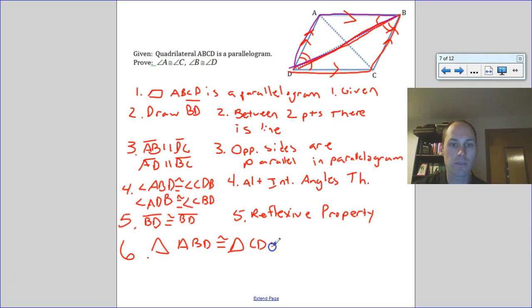Make sure I get the corresponding angles correct. Now we would say it is angle side angle congruence of triangles, and because of that, angle A would be congruent to angle C, because corresponding parts of congruent triangles are congruent.